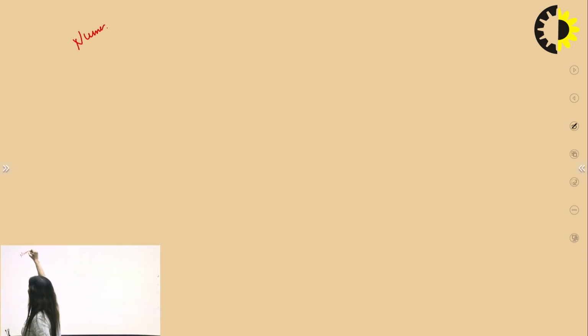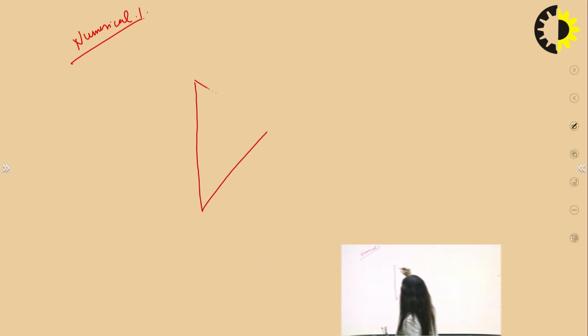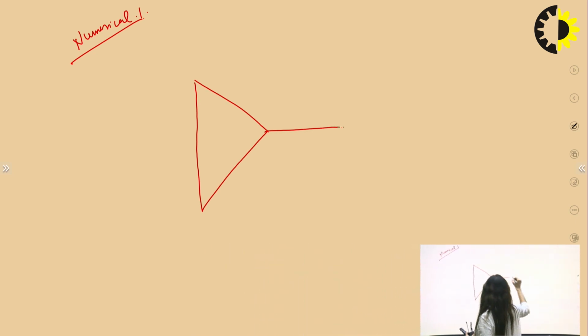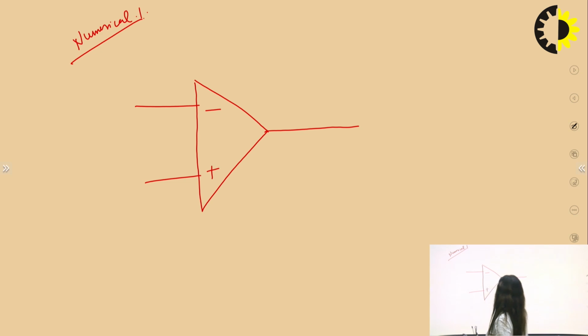Let's say we will consider one numerical for the op-amp. I have drawn the op-amp here. Here I am taking the output. Let's say the output voltage is VO.